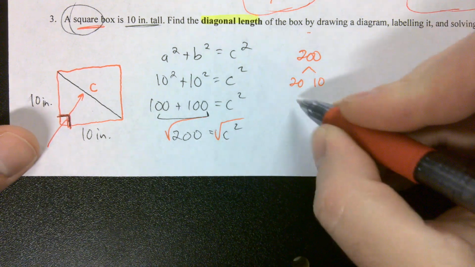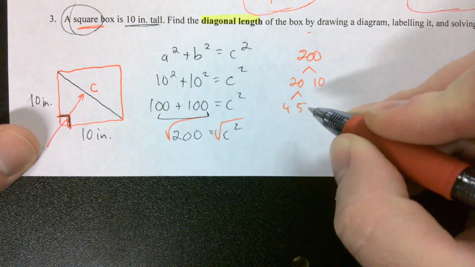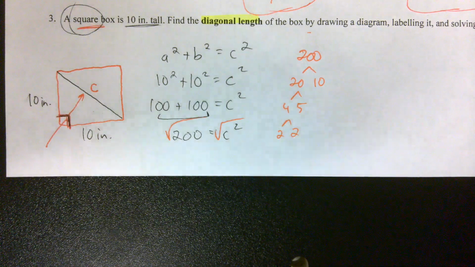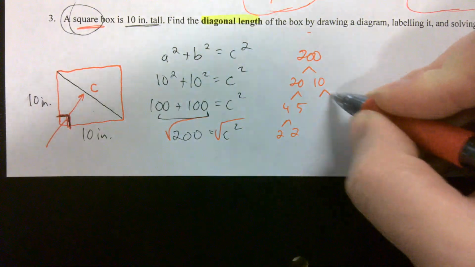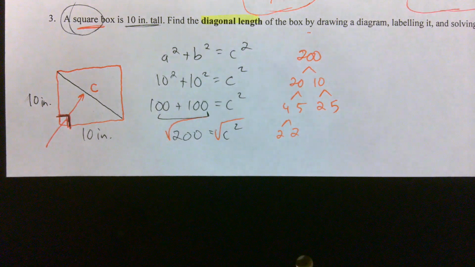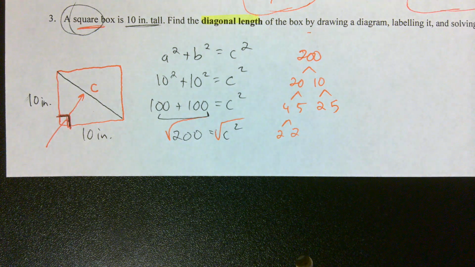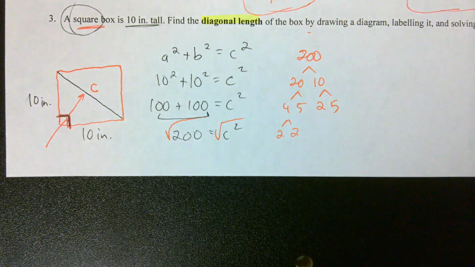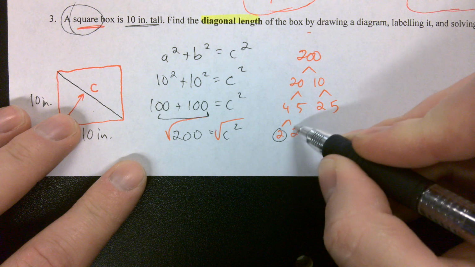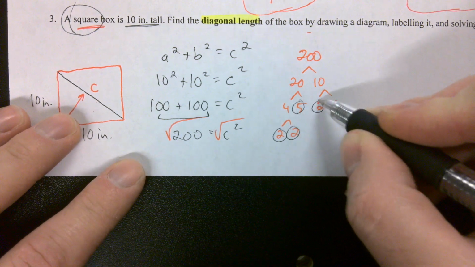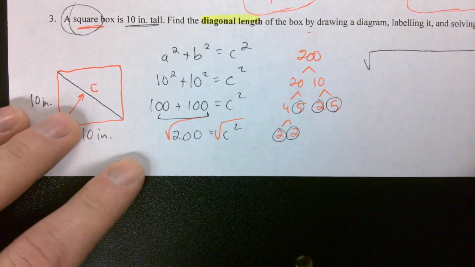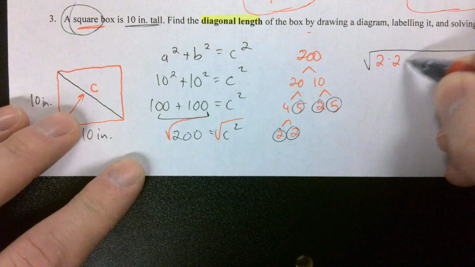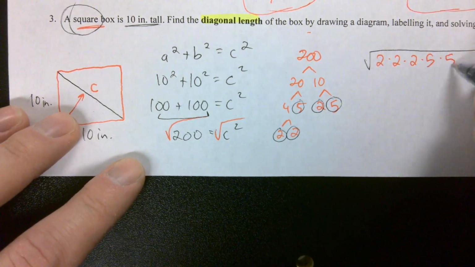But I'll do 20 and 10. 20 is 4 times 5. 4 is 2 times 2. 10 is 2 times 5. My prime factors are 2, 2, 5, 2, and 5. 2 times 2 times 2 times 5 times 5.